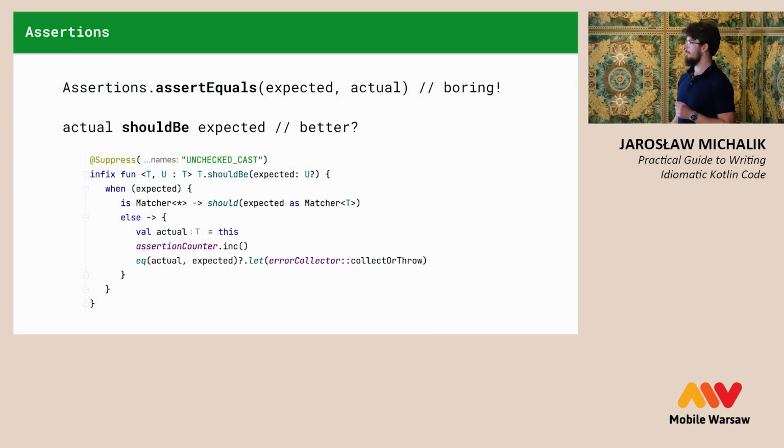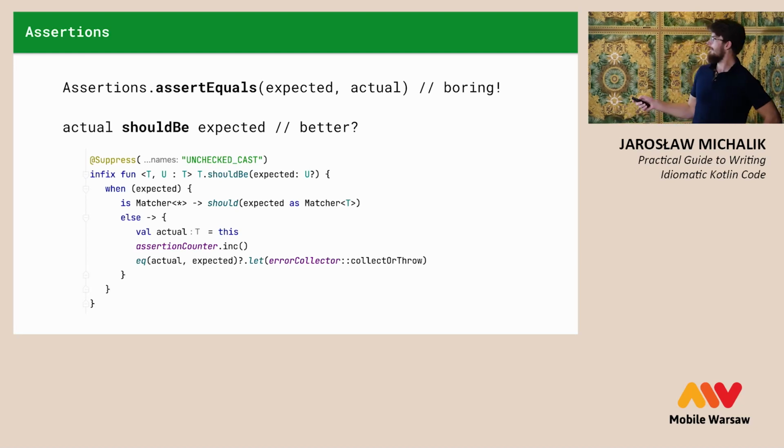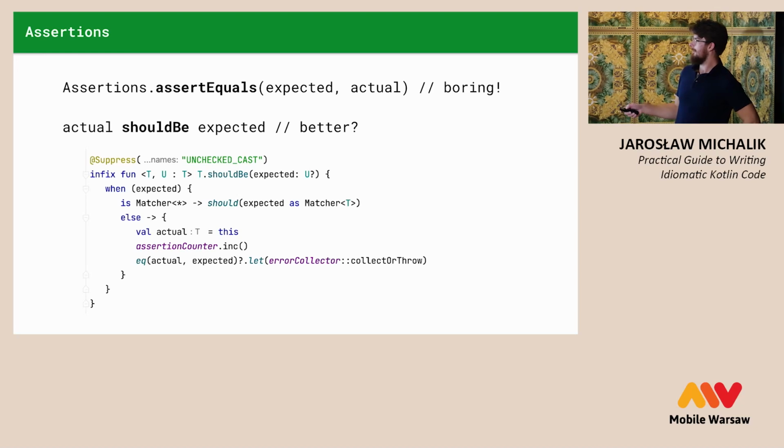Next, assertions. Which one, in your opinion, is more readable? Assert equals or actual should be expected? This domain-specific, in my opinion, should be is much more readable, but I am biased.